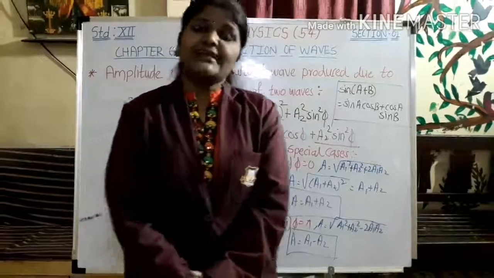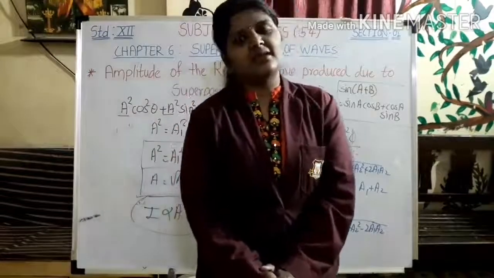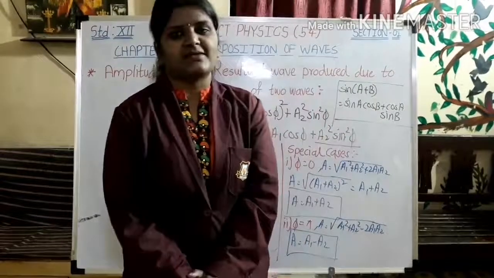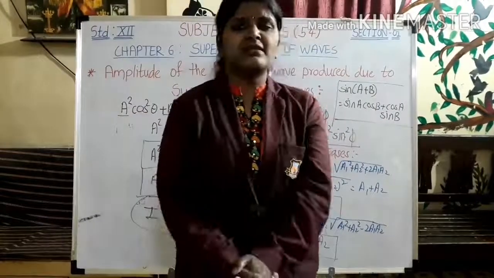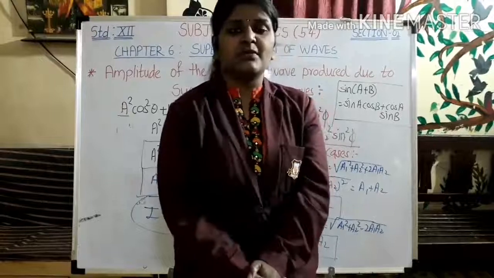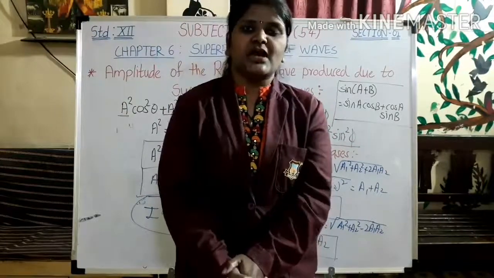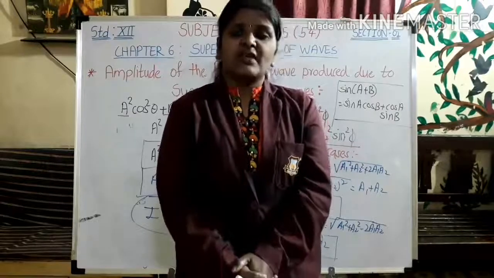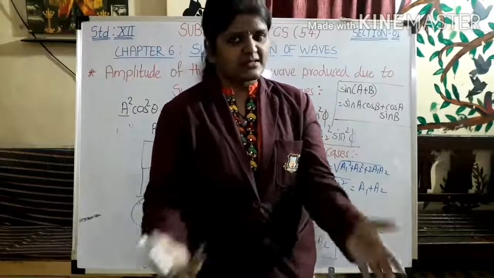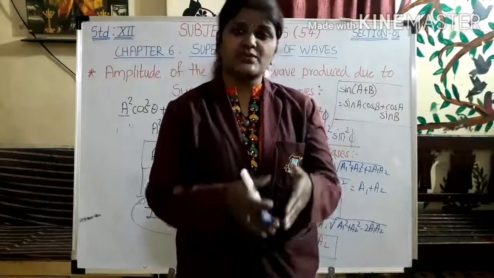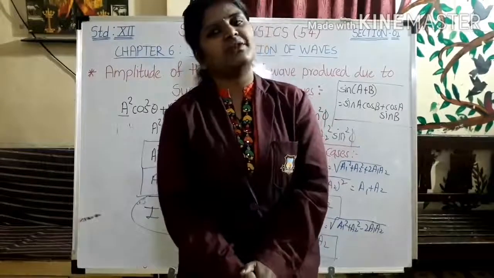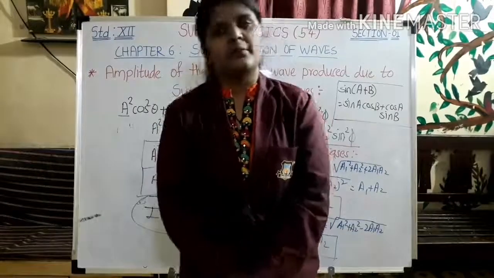You get maximum intensity when amplitude is maximum, and minimum intensity when amplitude is minimum. When both waves are in phase, amplitude comes out to be maximum, and when both waves are out of phase, we get amplitude as minimum.